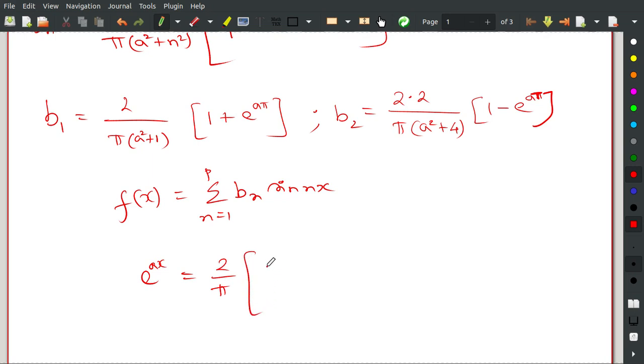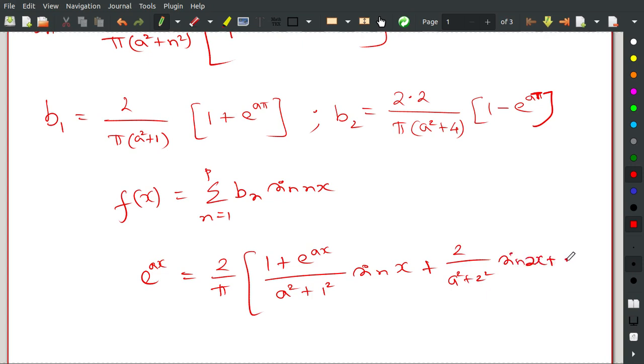Then what else we have is 1 plus e power a pi divided by a square plus 1 square sine x, because this sine is coming here, plus, since we took 2 by pi outside, we are left with 2 by a square plus 2 square, instead of 4 I am writing 2 square, sine 2x plus etc. So this is the final answer.